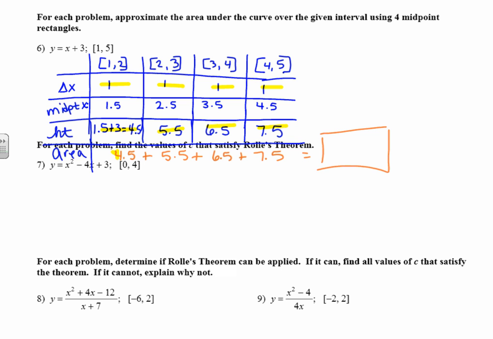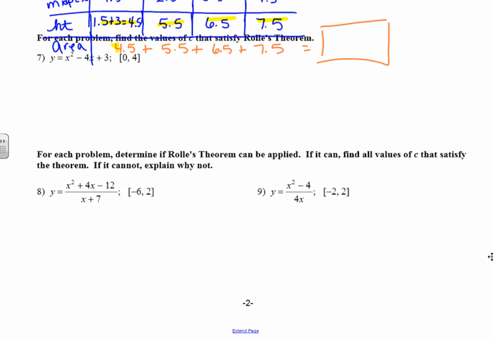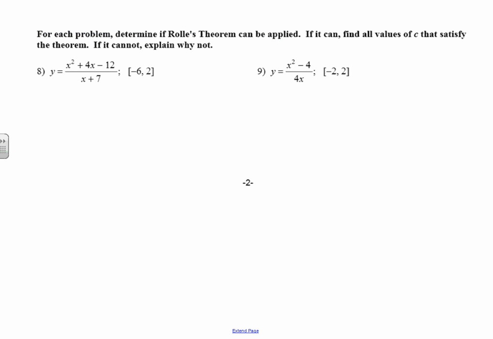Number 8. For each problem, determine if Rolle's theorem can be applied, and if it can, find all values that satisfy C. So for number 8, just a quick background on Rolle's theorem. Rolle's theorem has a couple things that have to happen. Mainly one, it has to be a continuous function.